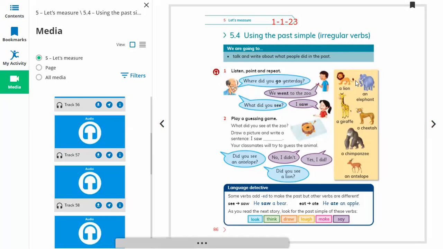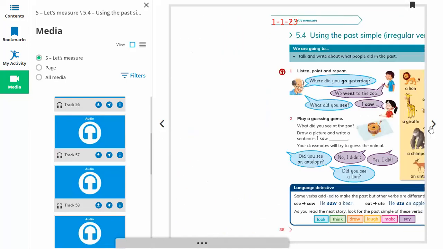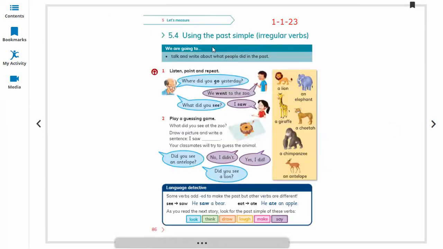I saw a lion, an elephant, a giraffe, a cheetah, a chimpanzee, and an antelope. So this is when we use past simple irregular verbs. We use them when we are talking about the past, about something that happened in the past.